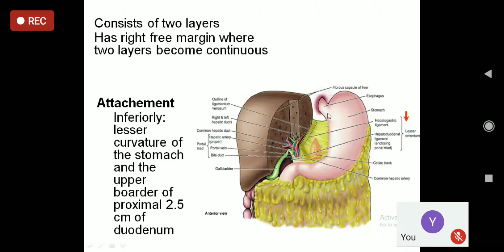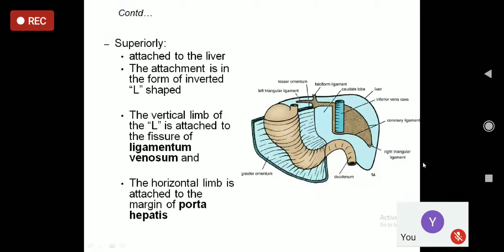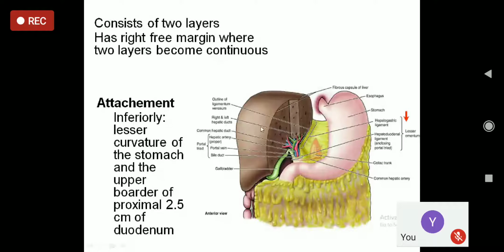The inferior attachment is to the lesser curvature of the stomach and the upper border of the proximal 2.5 centimeters of the duodenum, and superiorly it is attached to the liver. Here we can see the superior attachment of the lesser omentum.